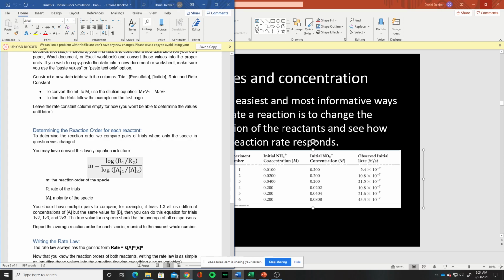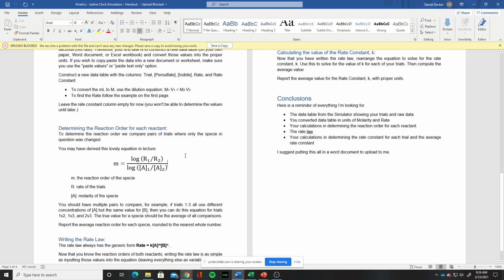Concentration 1 here would be 0.01. Concentration 2 would be 0.02. So if you plug those numbers in, you should end up with 1 here for the m value. And that's just the exact same thing that we're going to do in this lab, except our numbers, like I said, won't be quite so neat. But if we just plug them in, we don't care that they're not quite so neat.